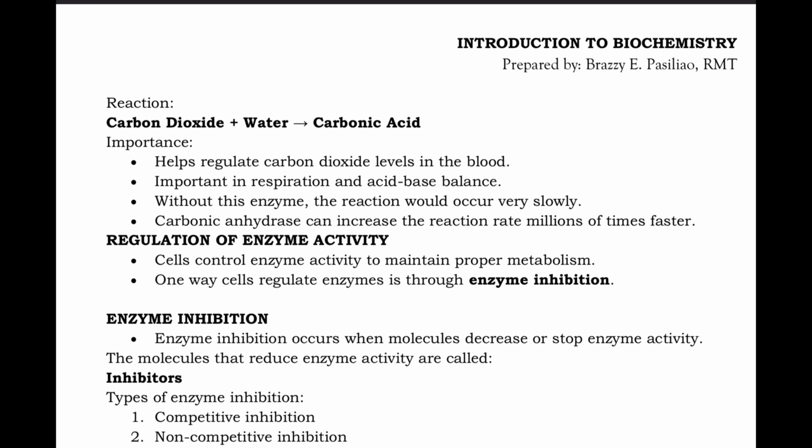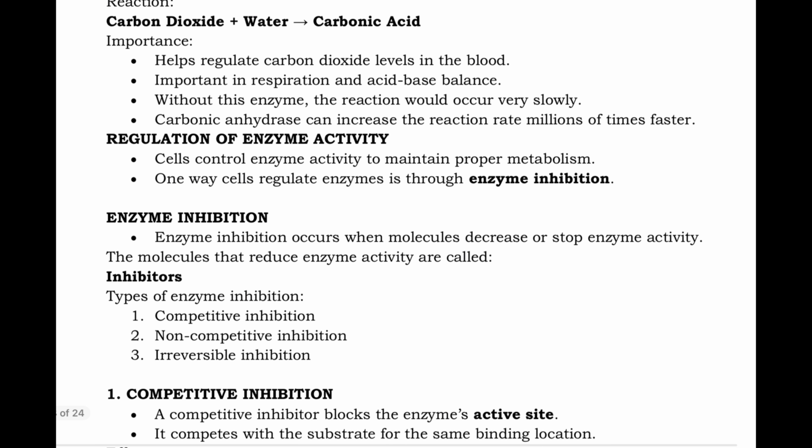It is important in respiration and acid-base balance. Without this enzyme, this reaction would occur very slowly. So using this, it can hasten your reaction. Carbonic anhydrase can increase the reaction rate millions of times faster. So ganun siya kabilis.